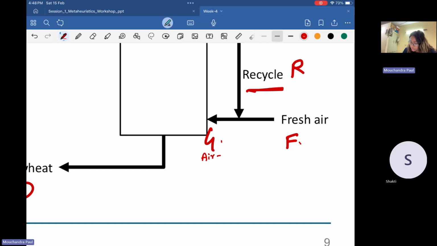Let me fill these values in a diagram for the sake of completeness, so that it will be very useful later on when we do the remaining steps.